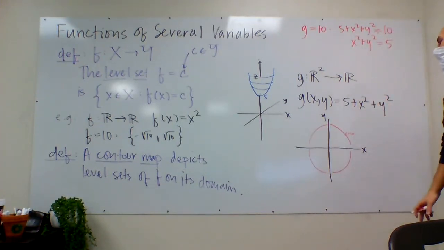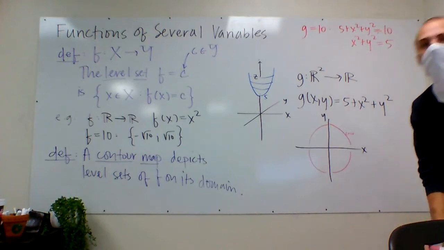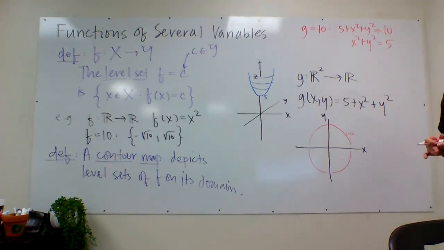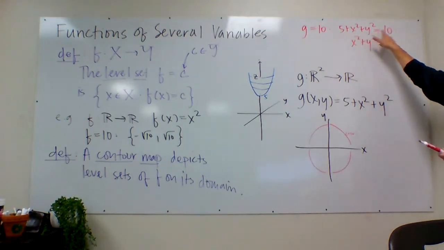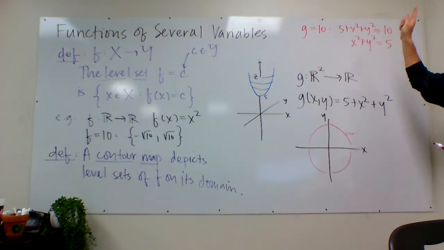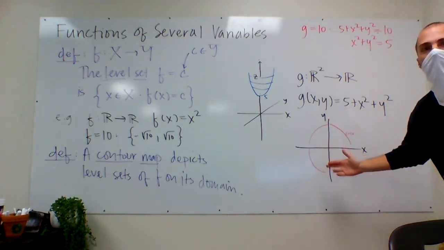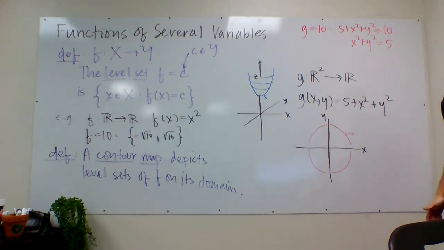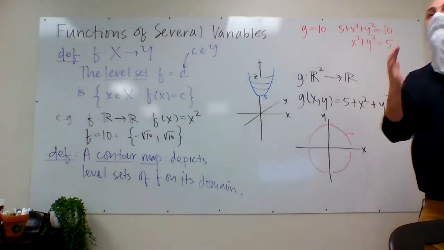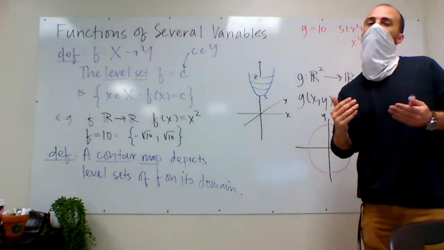Let's talk about C equals 1 or C equals 0. It's going to be the level set for C equals 1. When can 5 plus x squared plus y squared equal 1? That would be never. So there won't be a curve for that. If you look at the graph, there's nothing there. And that calls back to how I think about it.